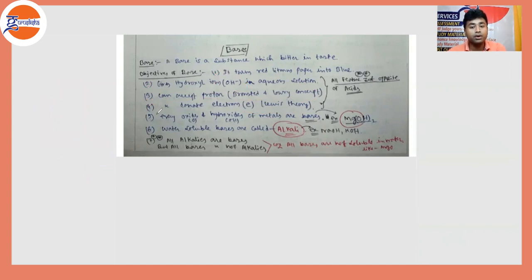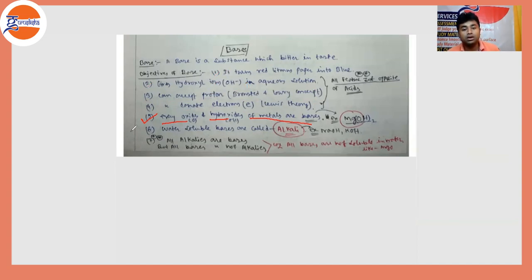The fifth objective, which is very important, is that every oxide and hydroxide of a metal is called a base. First of all, we have to know what an oxide is.